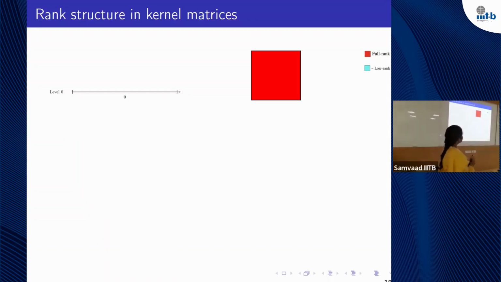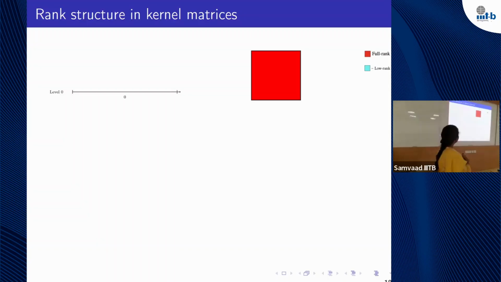And how do you find this kernel matrix? It is k of x comma x. Both the x's are the same data points actually. So therefore, those points are not separable. If you have k of x comma y, and if both x and y are well separated, then the corresponding matrix is low rank.